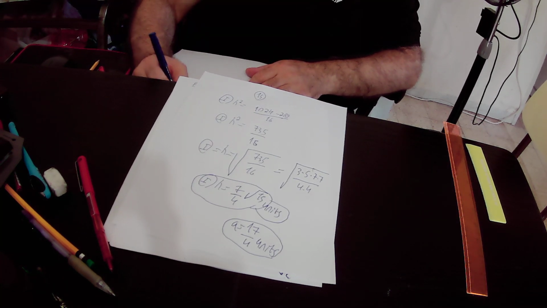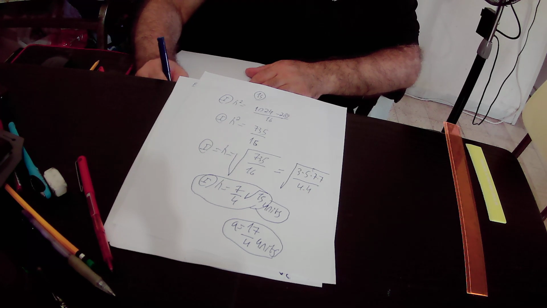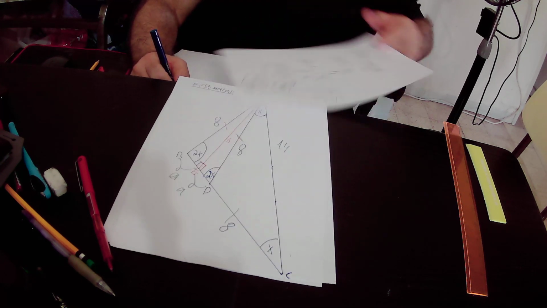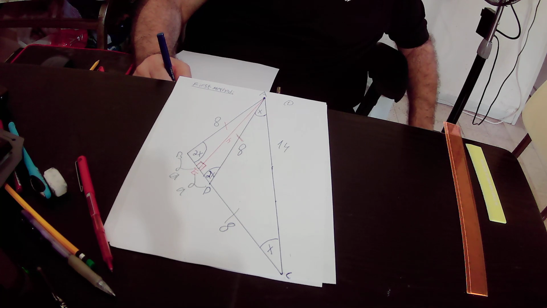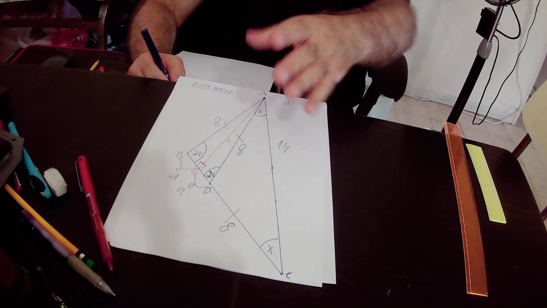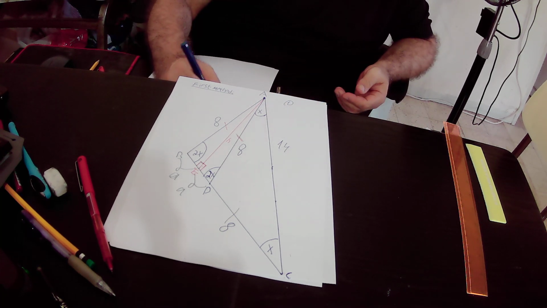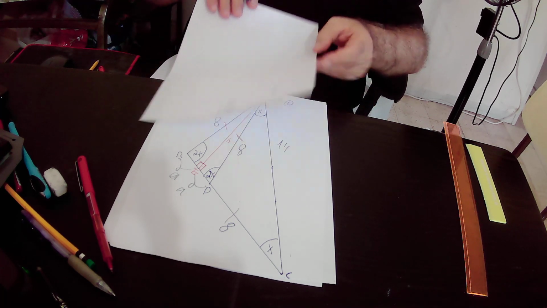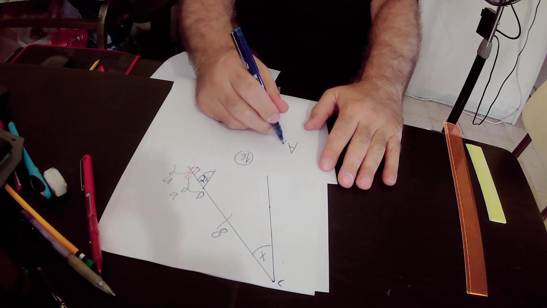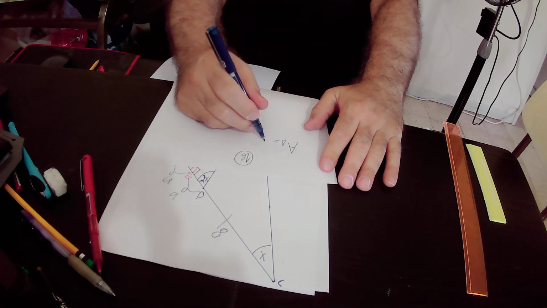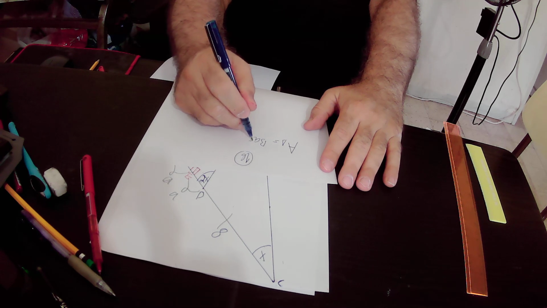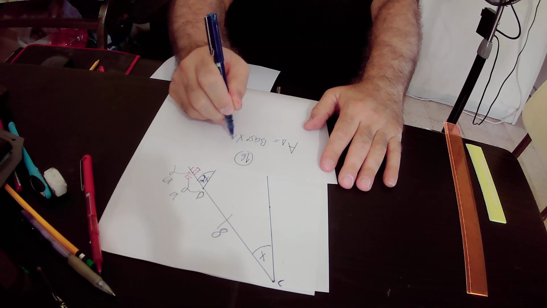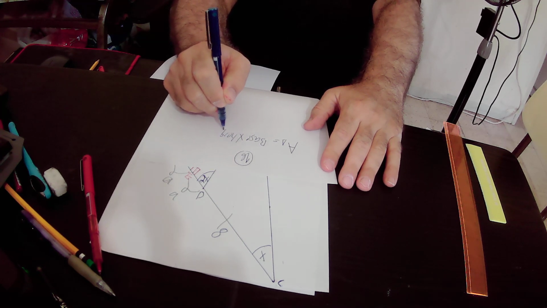Okay, so what is the area of triangle ABC? The area of any triangle, A is abbreviation for area, equals the base of the triangle times the height to the base over 2.